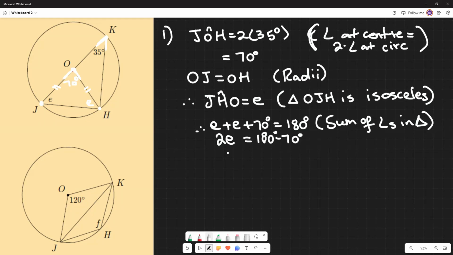So 2E will be equal to 110. Then when you divide by 2 both sides, you can see that E is equal to 55. This was the first way I could do this. I'm going to show you the second way I could have done this. Thank you very much.